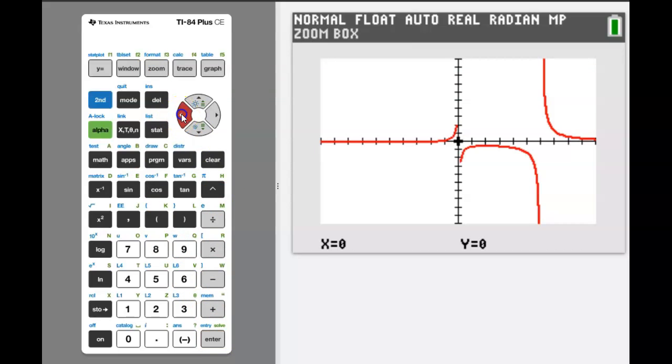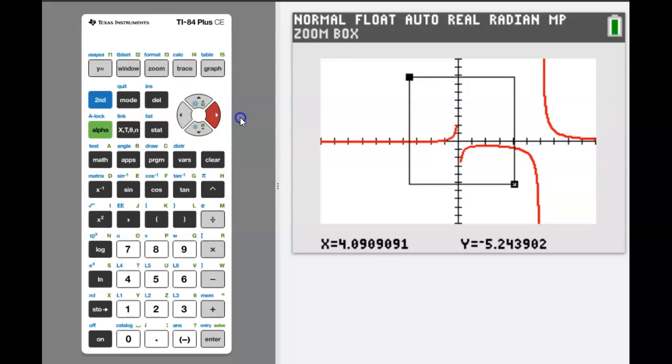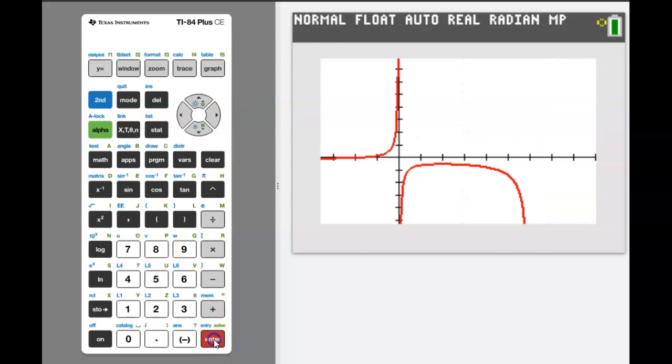And then what you have to do is scroll to the upper left corner of where you think you want to draw a box. So I went about here. And then I hit enter. And then you have to scroll down and to the right to draw the box. This is the area I really want to see right here. So then I hit enter.